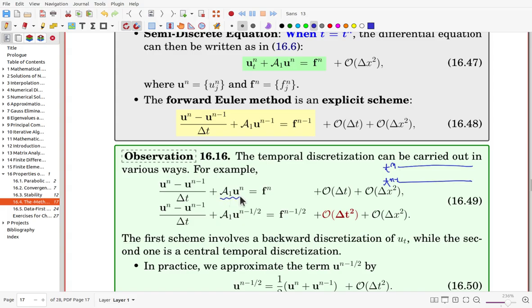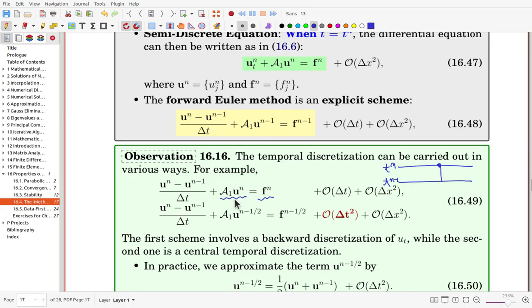The spatial discretization and the right-hand side source are on this level. So that is the basic level, and this time derivative is approximated in this way.